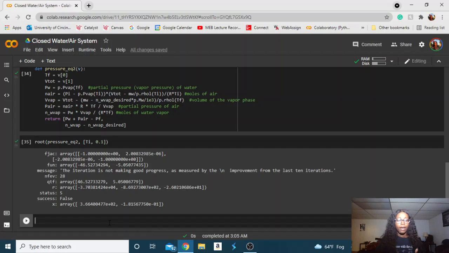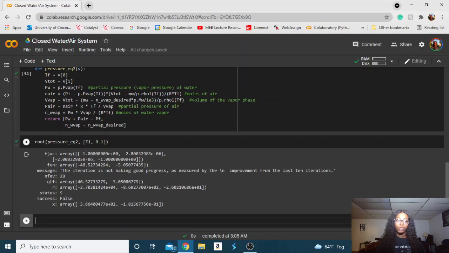When we look at that equation, you'll notice that our nonlinear equation, as I said, is the moles of water vapor minus the moles of water vapor that we desired, equal to 0, because they're equal to each other.